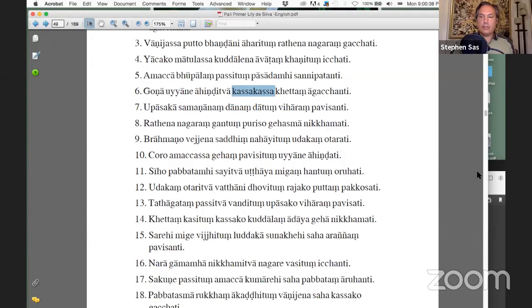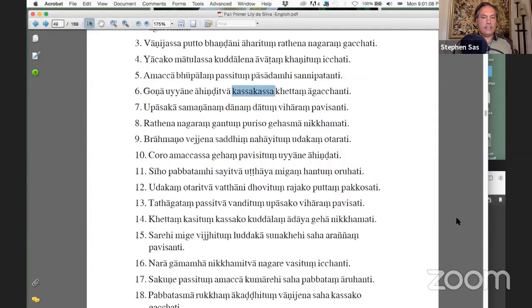And let's try now Sophie. If you can unmute. Good. Can you do for us number 12? Udakam otaritwa patani. We have two participants here.